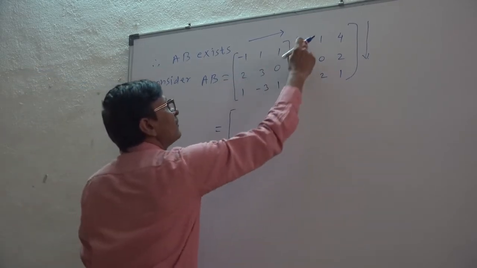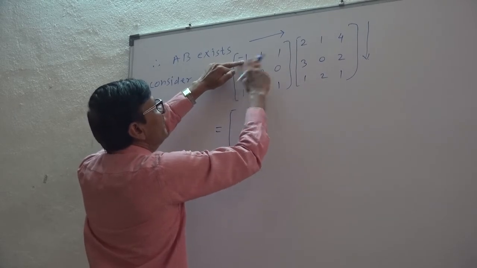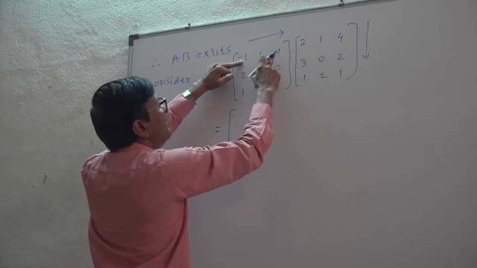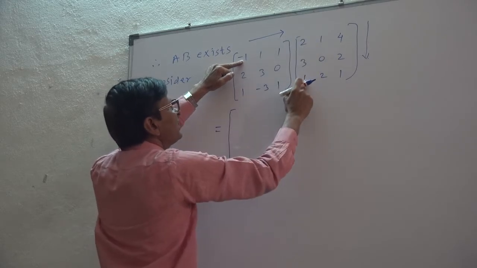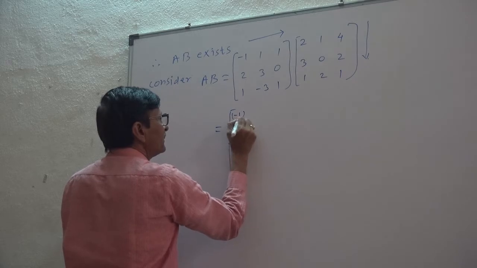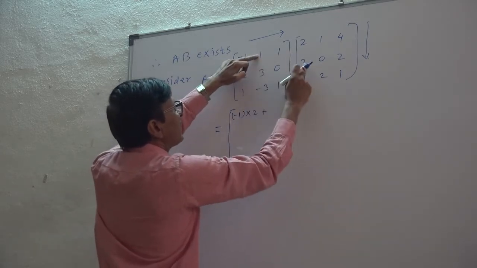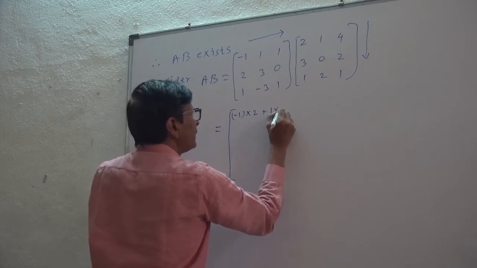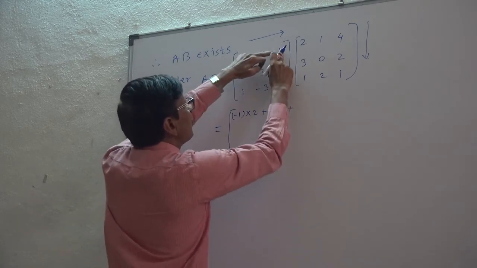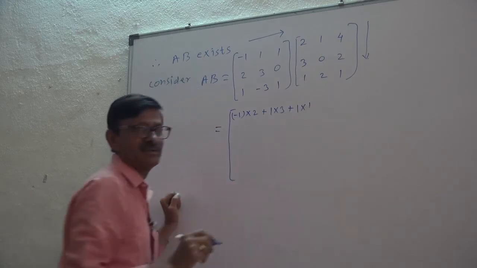First row, first column, 3 elements in each. So first row is having 3 elements, first column is having 3 elements. Product of corresponding elements, that is -1 into 2 plus product of second element 1 into 3 plus 1 into 1, that is the product of third element.